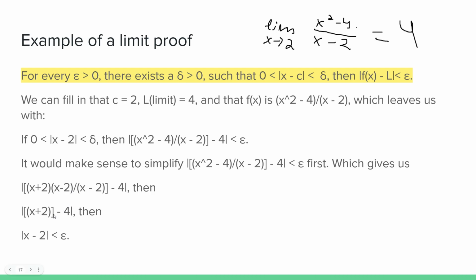We can say that because of that, x plus 2 minus 4 is our true equation. And then we can combine these like values to get x minus 2. The absolute value of x minus 2 is less than epsilon.